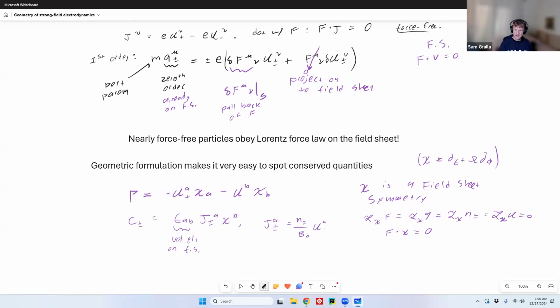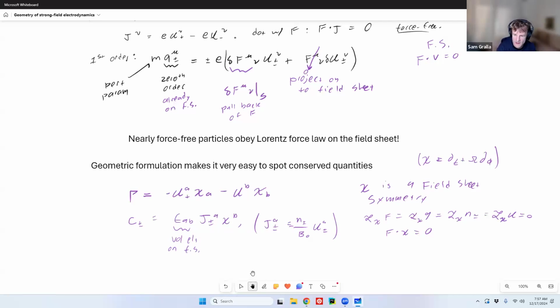Here's where the magnetic flux idea really comes in, so the four-dimensional conserved current is NU. The 2D conserved current on the field sheet is per unit magnetic field, which you can think of as each field sheet being thickened into a flux tube and actually behaving like a wire and carrying a current. But I don't have time to explain that.